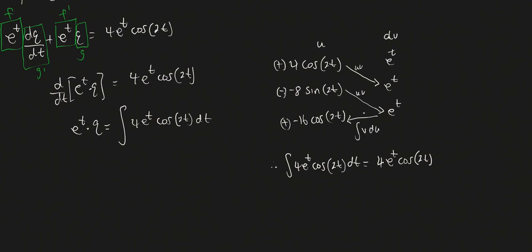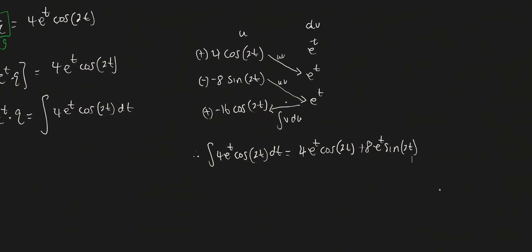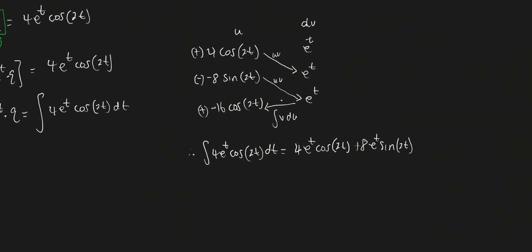And then I have this double negative here makes it a positive 8e to the t sine of 2t. I need a little bit more room. But then I have to do minus, because this is plus minus, so minus now the integral of the 16 cosine of 2t times e to the t.